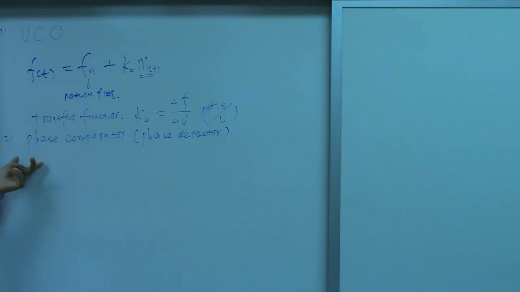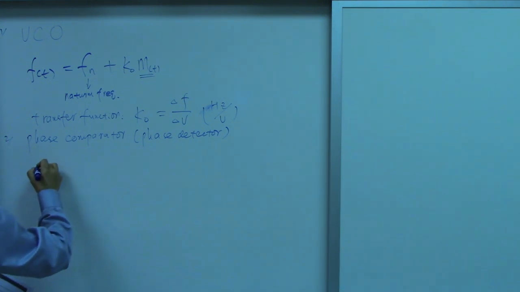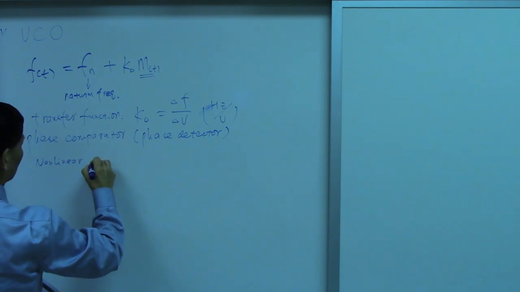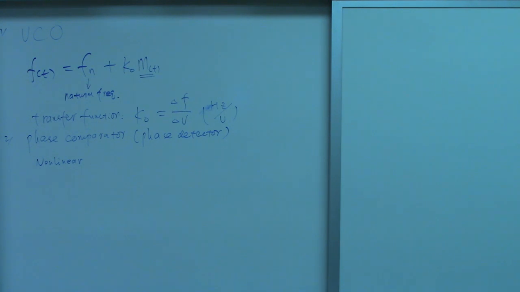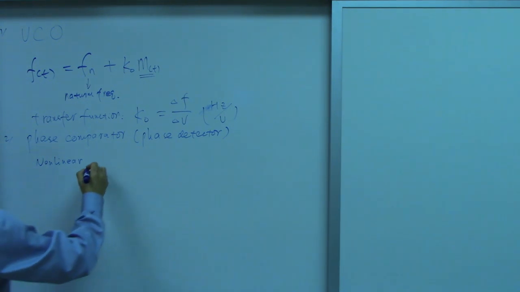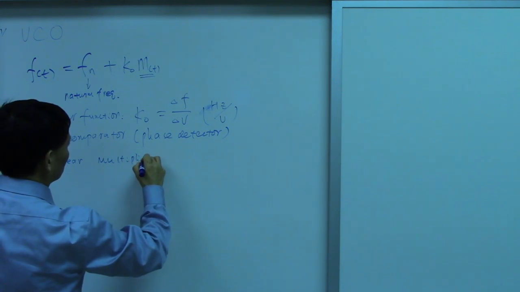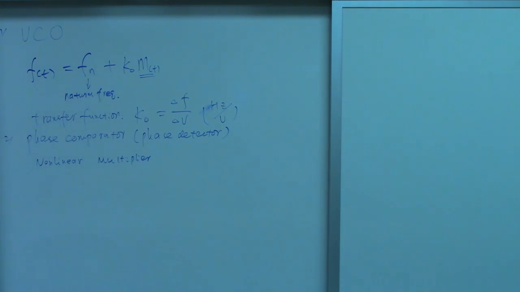That is from this name. And a phase comparator is a nonlinear device. Actually, it is just a multiplier. That means the output equals the product of two inputs.